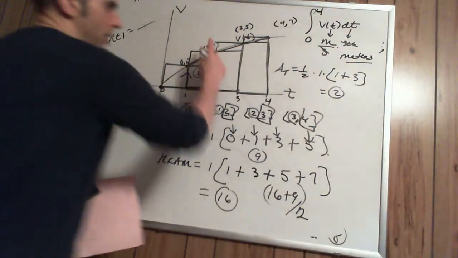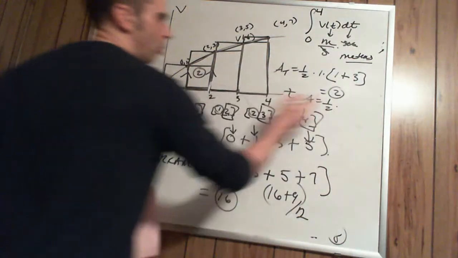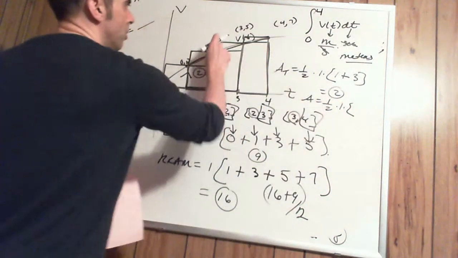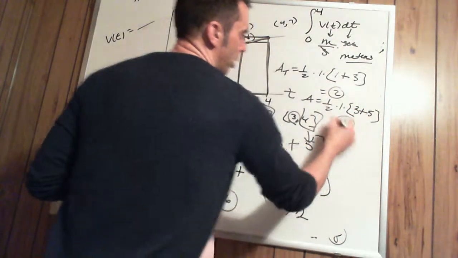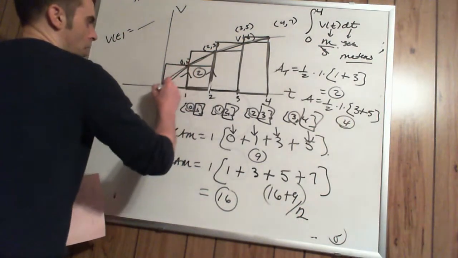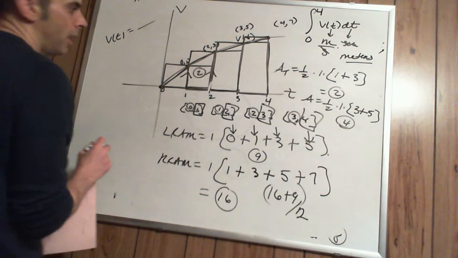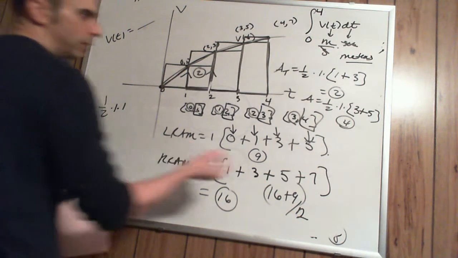And then I could find the area of this trapezoid, which would be 1/2. This here is 1, and this here is 3, and this one here would be 5. And half of 8 is 4. Okay, and then this right here I could create is just a triangle. So then that there would be 1/2 times the base, which is 1, times the height, which is 1, so that would be a half.